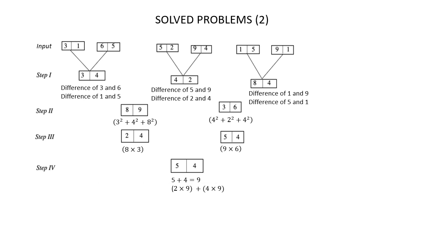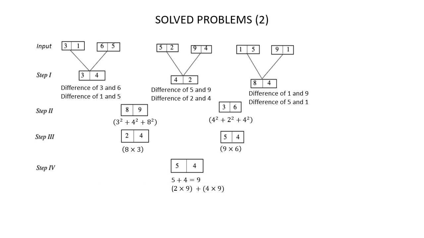So 18 plus 36 is 54. So 54 is the number in step 4. As you can see here, step 4 is the last step of this sequence. So step 4 is the final output for this given input.